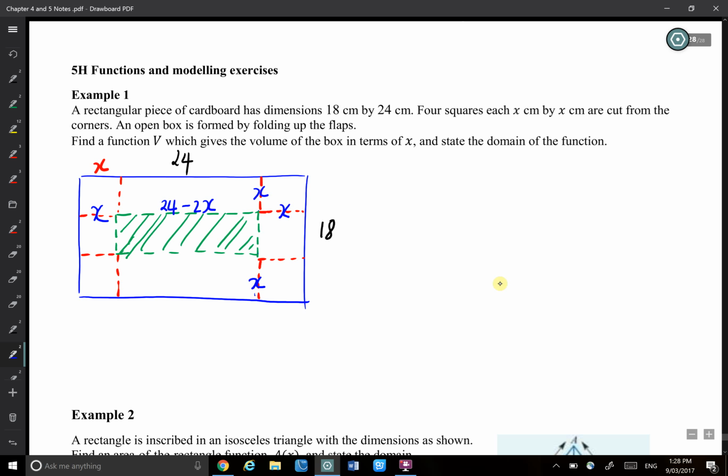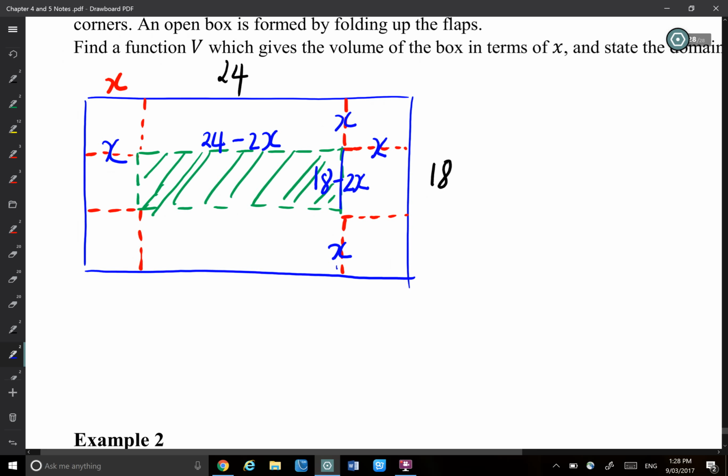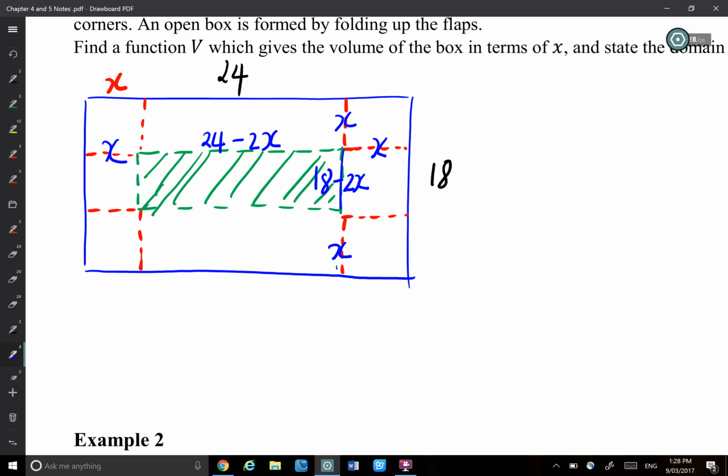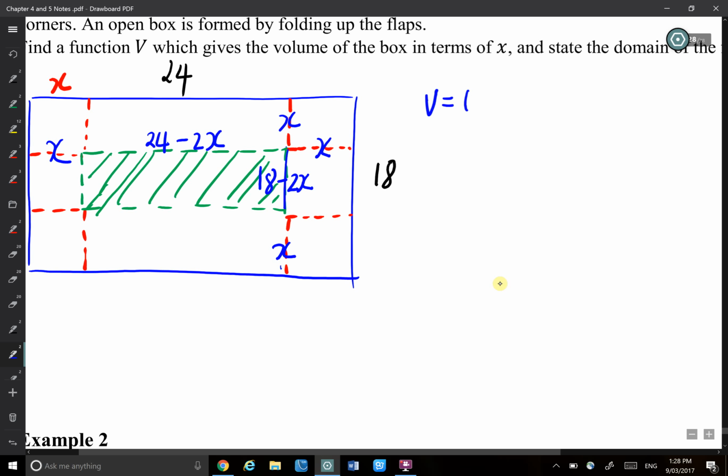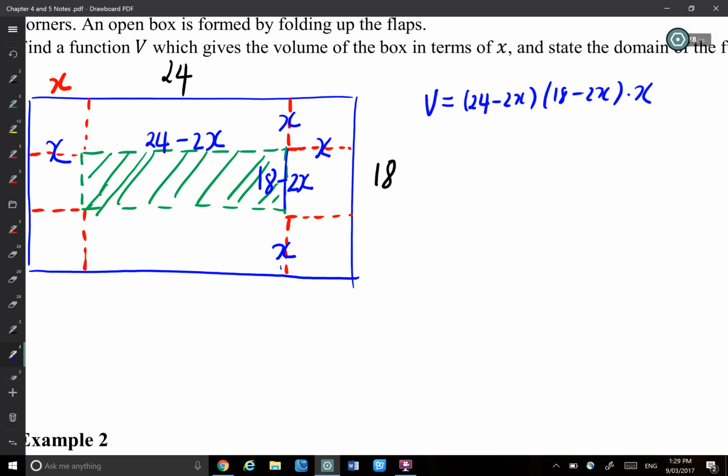Then this width will be 18 minus 2x. So the green bit has length of 24 minus 2x and 18 minus 2x. And the height is x. So volume will equal length times width times height. You don't need to expand it. It's not asking you to expand, so keep the answer like that.